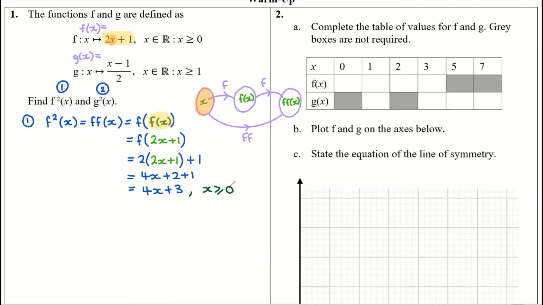Okay, and we do the same thing for g. So we compose g with itself, same arguments, of course. So g, nothing to do with horse racing or anything like that. So g squared of x is equal to g of g of x.